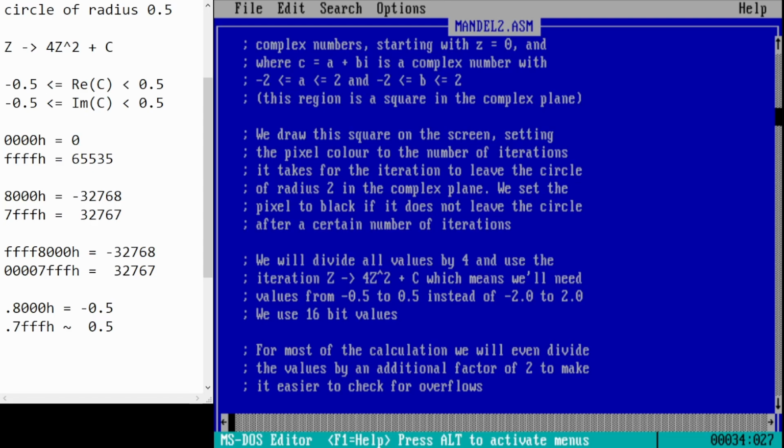We'll add these values together and then we'll shift it back left again by 1 bit, so that we get the value that we should have ended up with for z. And only when we do that shift are we going to look at the overflow flag. The left shift will also set the overflow flag if the result is outside the allowed range. And so that's how we're going to deal with this overflow issue in this code.